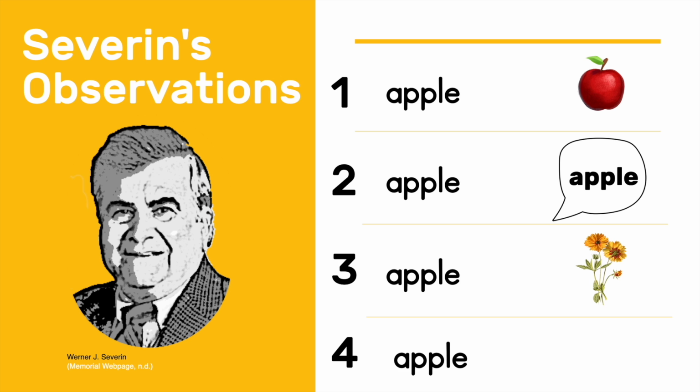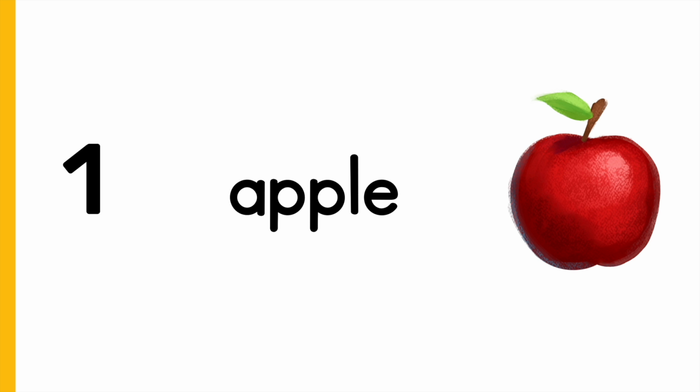In the 1960s, Werner Severin looked at previous studies on single and multi-channel communications. He was able to synthesize and summarize the findings into some key observations. First, combining words with related or relevant illustrations will provide the best results because of the summation of cues between the channels.